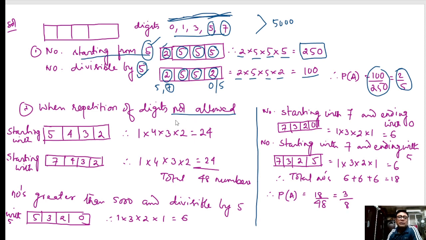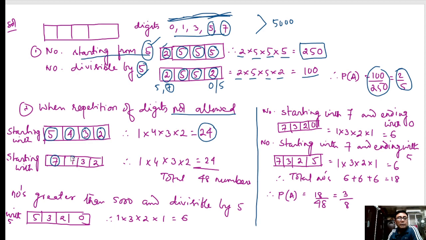So first of all, let us start with the first digit being 5, and we are not allowed to make any repetition. So there will be only 4 options, 3 options and 2 options. So total 4-digit numbers starting with 5 I can make 24. Now numbers starting with 7, so there will be only 1 option.